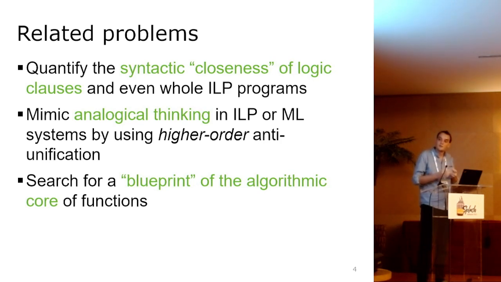You can also variabilize the predicate names, for example. And then even closer to our own work, some authors have studied the search for a blueprint of the algorithmic core of functions, which is not that far away from our own goal to detect semantic clones.